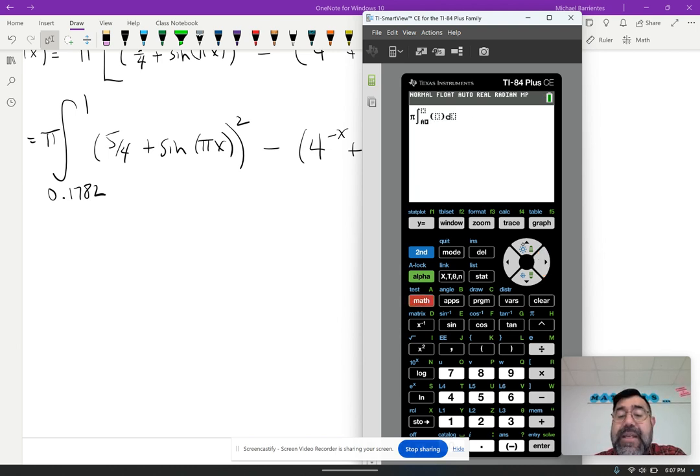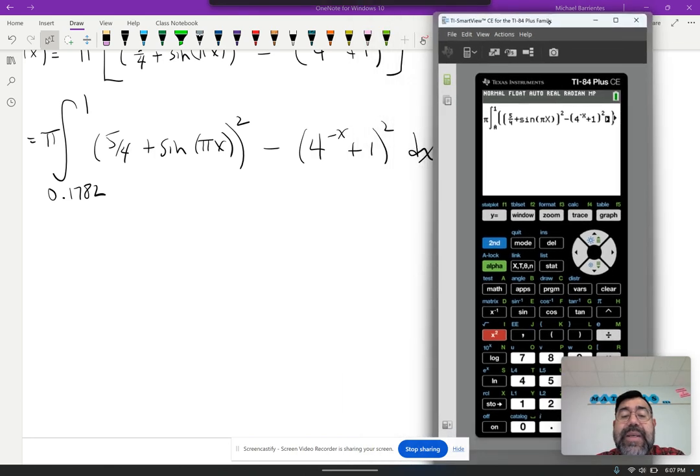From alpha A to 1 of, now remember we have a bunch of parentheses, so I've got to open another parentheses, and then I can do 5/4 plus sine of pi x, close it, and we need to square that. Minus, and let's open another parentheses, 4 to the power of -x plus 1, close it, and let's square that.